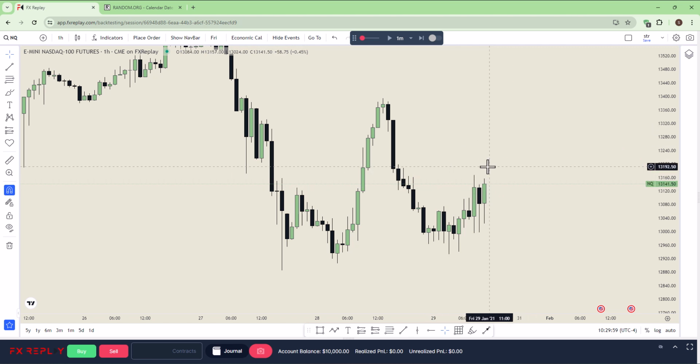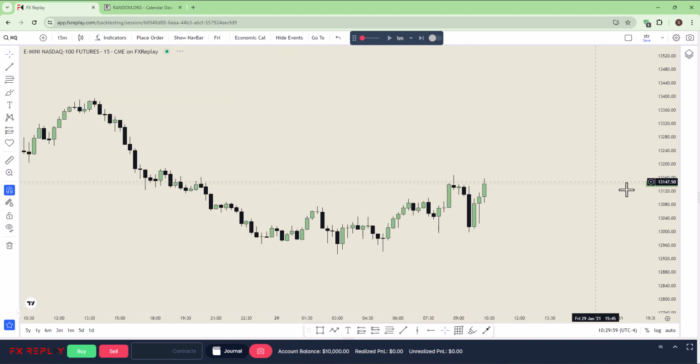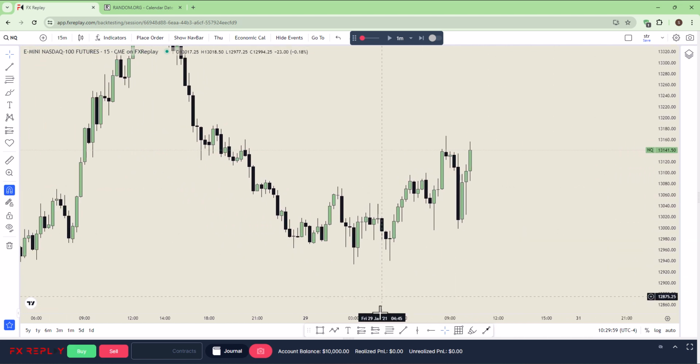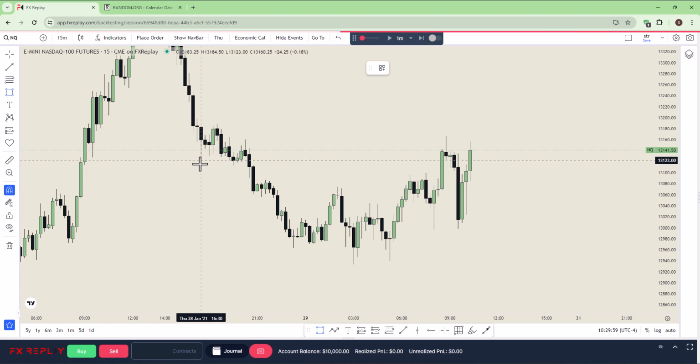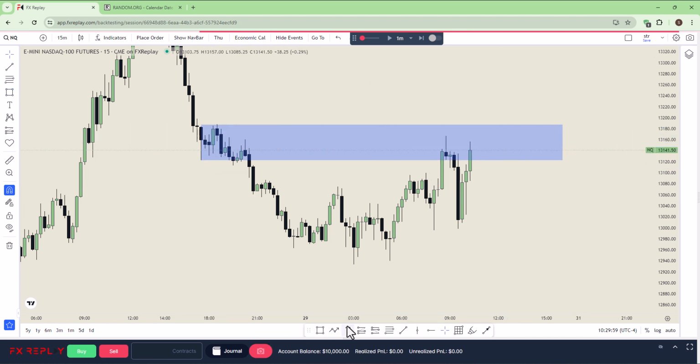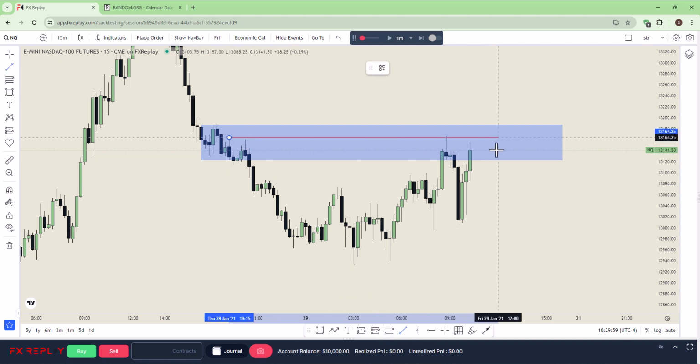Let's go back to the 15 minutes and see what's going on right here. We can see that we tapped into this zone right here, and we also swept these highs right here.